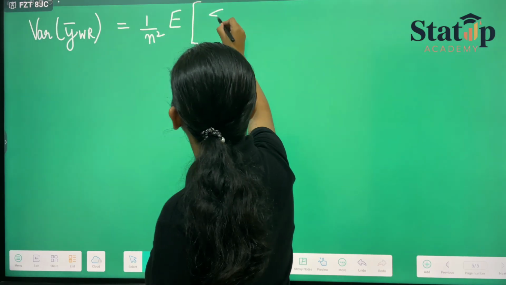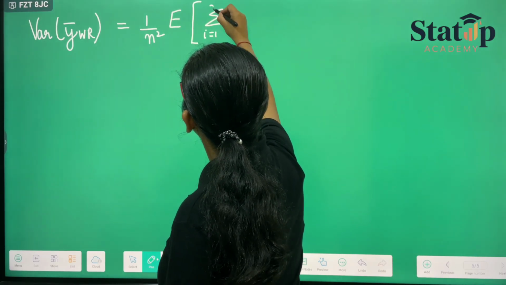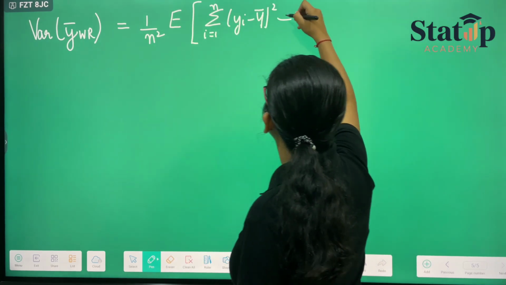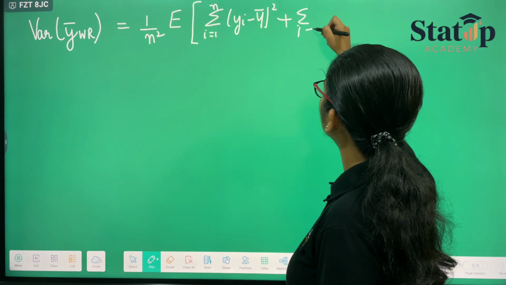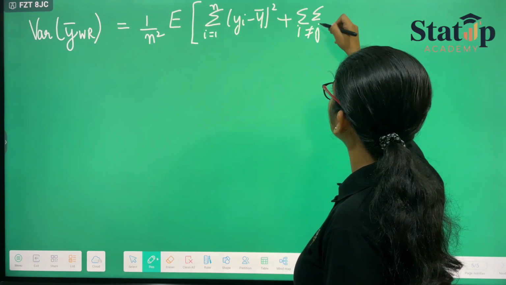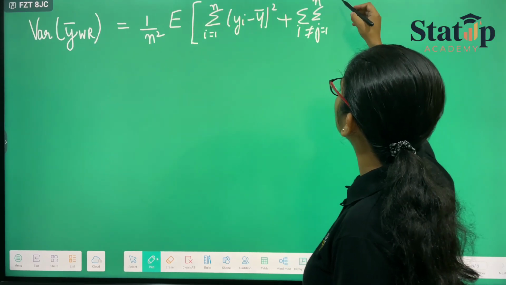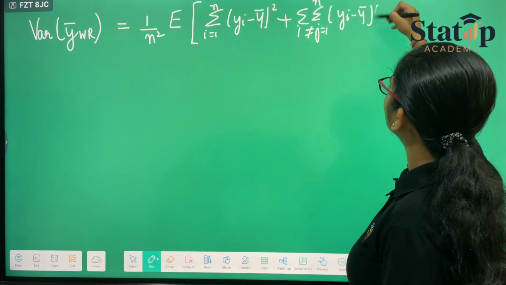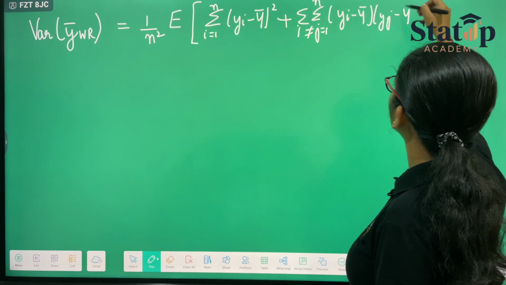So we are left with summation i goes from 1 to small n yi minus y bar whole square plus summation i not equal to j goes from 1 to small n yi minus y bar into yj minus y bar.